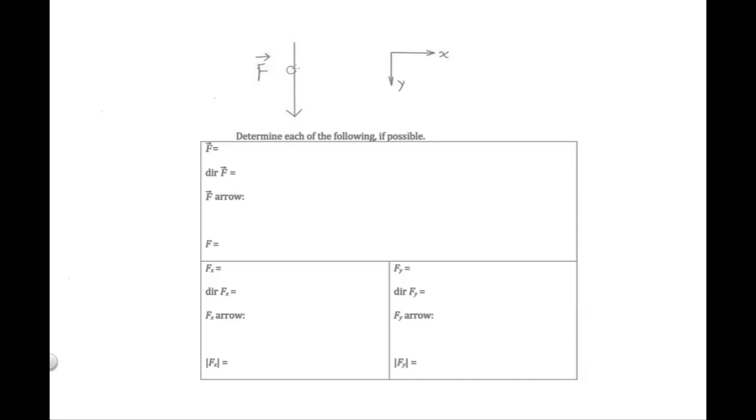Well, we're not given any numbers for this vector, so as previously, we can just say that the magnitude of the vector will simply be symbolized by the symbol capital F. And we can see here that the direction of this vector is down, so we'll draw a downwards arrow. This symbol with the arrow requires a complete description of the vector, magnitude and direction.